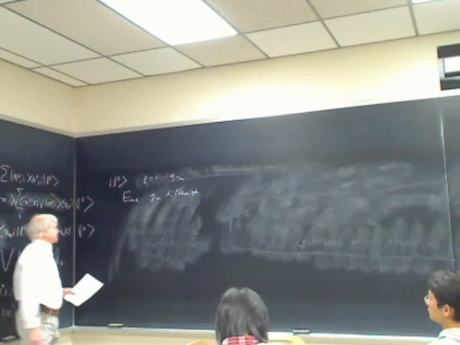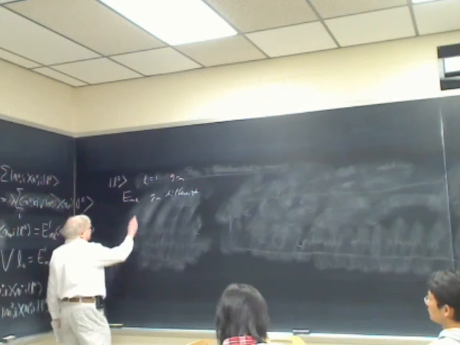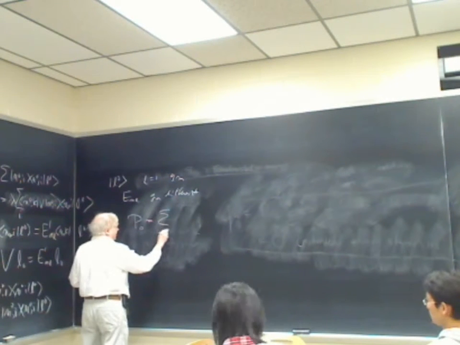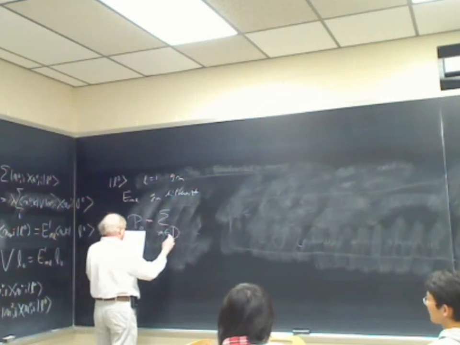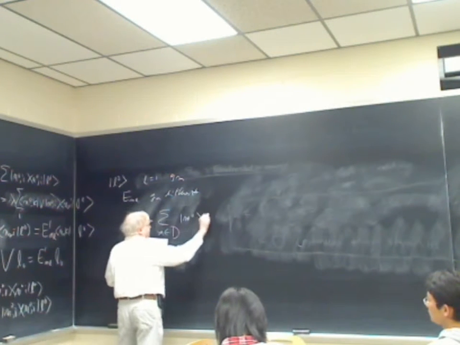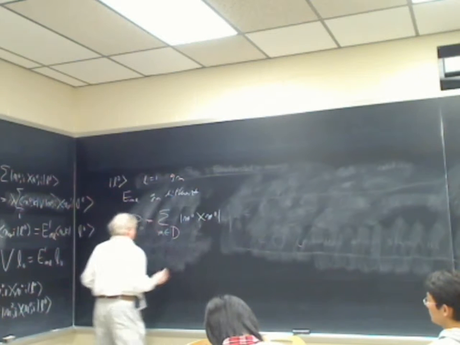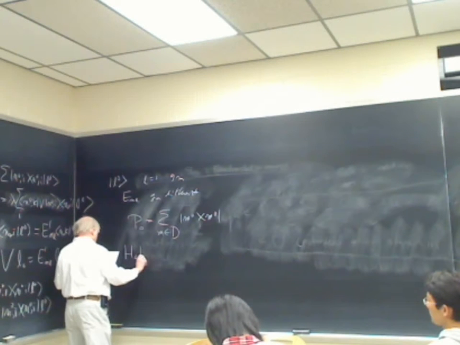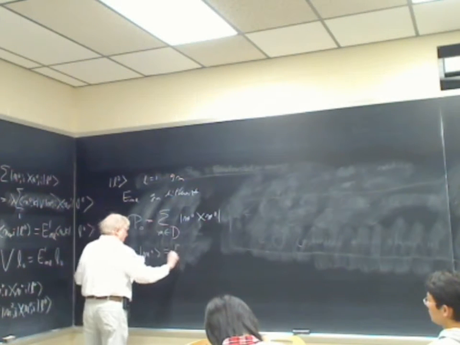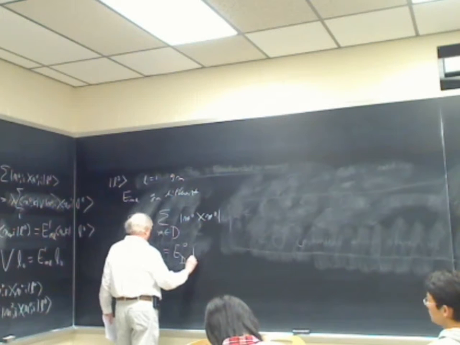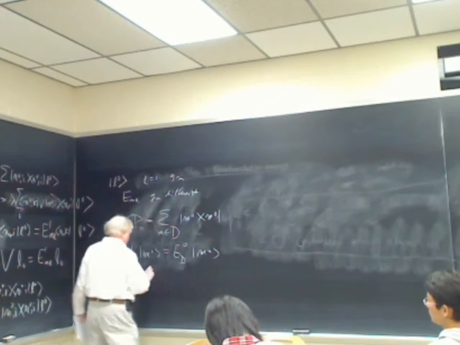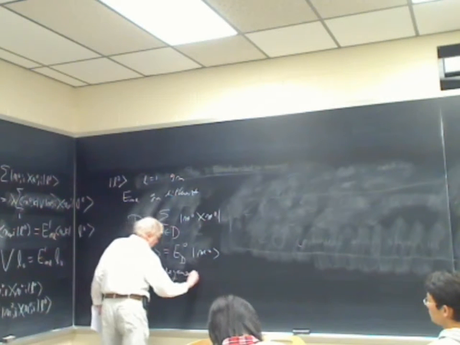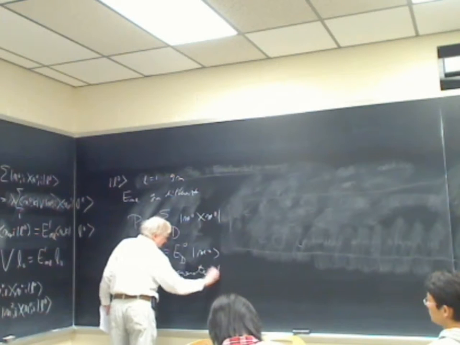Another way of thinking about this is to introduce a projection operator onto the set of eigenvectors of H0. So, in other words, we have H0 N0 is E degenerate 0 N0. So these are the Gn degenerate states.